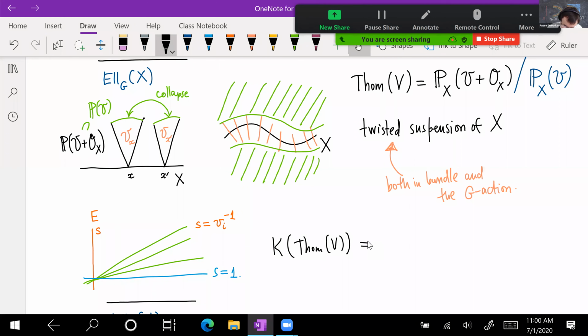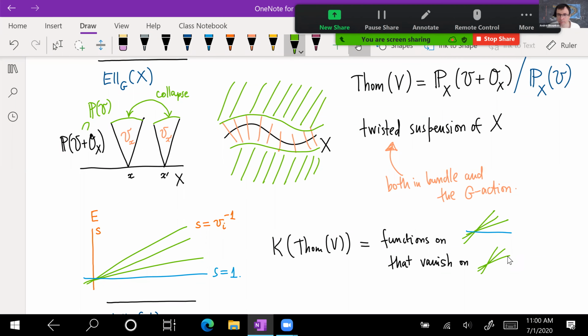What's it going to be? These are the functions on the whole thing, so this is a union of the green ones and the blue one, that vanish on just the green part.